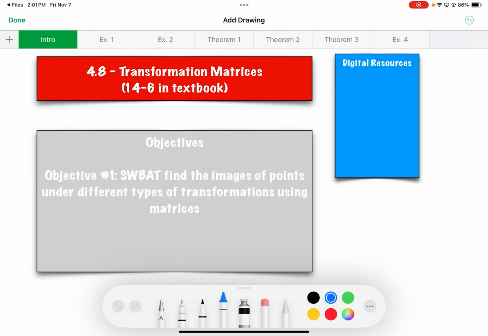All right, so here in 4.8, we're going to have yet another application of our matrices where we can use them to perform transformations. And this would be an application that works really well in computer programming, especially with gaming, okay? So in an elementary sense, I'm sure we're all familiar with Pac-Man and Mario, right?